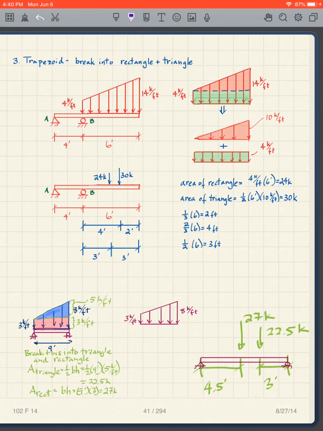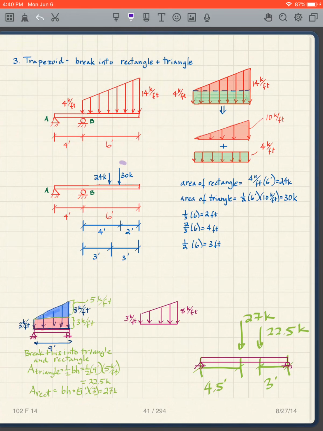And again, where do we put those loads? Well, for the rectangle portion, which was 24 kips, it goes at the center of the rectangle. That's the centroid of the rectangle. So it goes 50% in from the left and right, halfway from the left and the right.